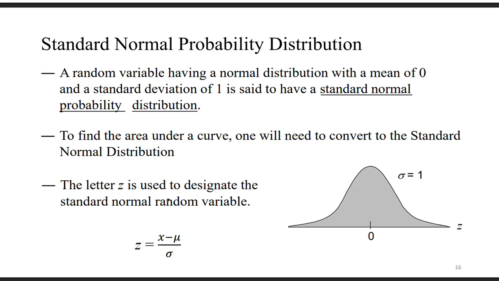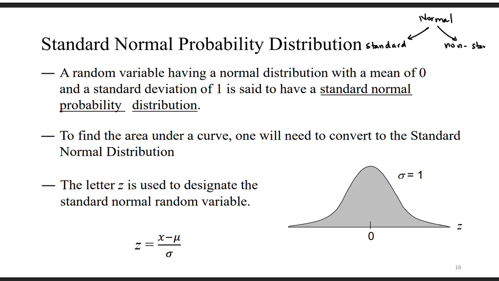You see, normal distribution comes in two parts. So a normal distribution could be either a standard normal distribution or a non-standard normal distribution.